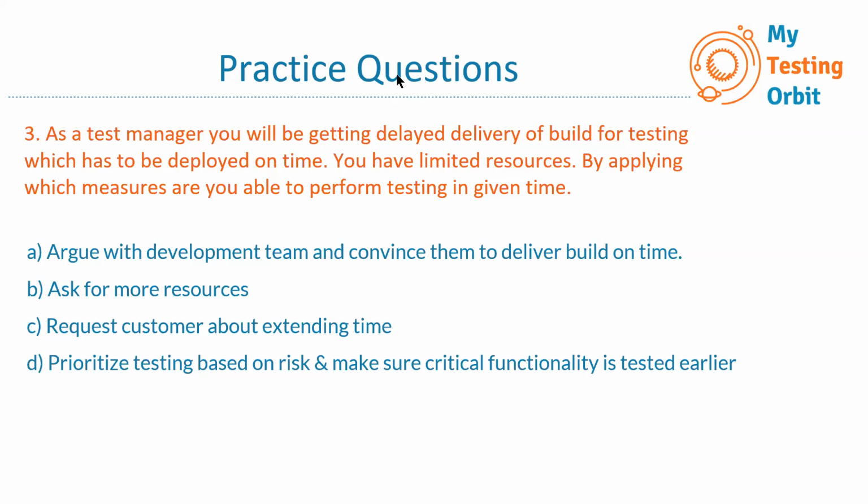So all of you have given option D as the correct answer, which is the right answer. The last one is prioritize testing based on risk and make sure critical functionality is tested earlier, which is the correct thing to do in those circumstances, because it will happen that there is a delay in delivery and there is not enough time, and you have to come up with some strategy or approach for how you will finish that testing, and that will be your responsibility as a test manager.